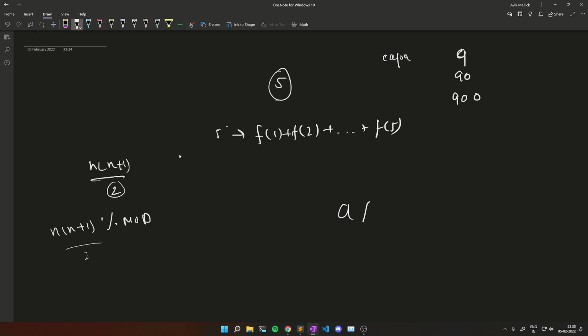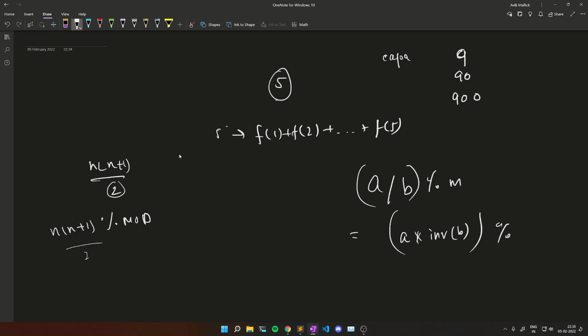So a divided by b mod m can be evaluated as a into the inverse of b mod m.